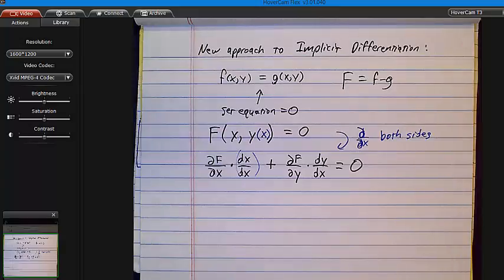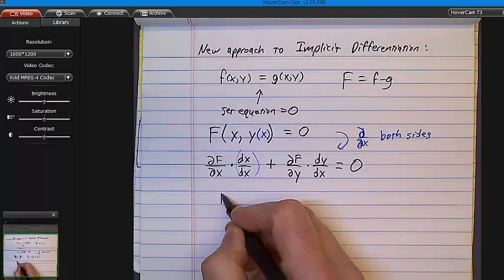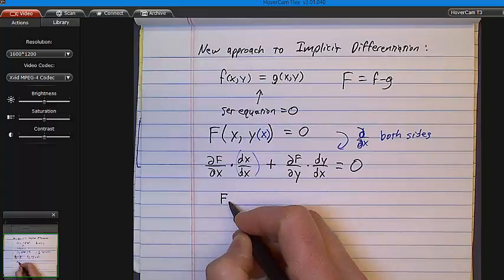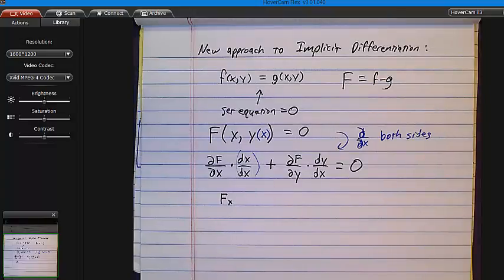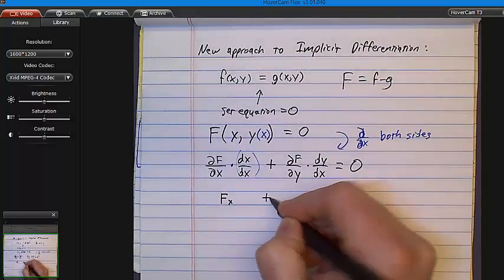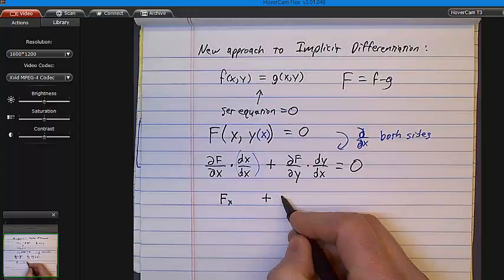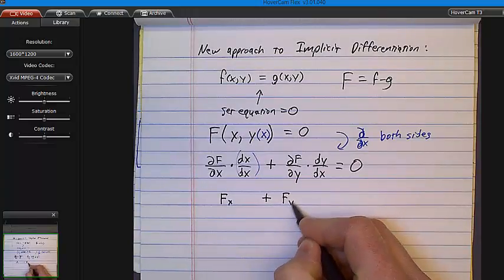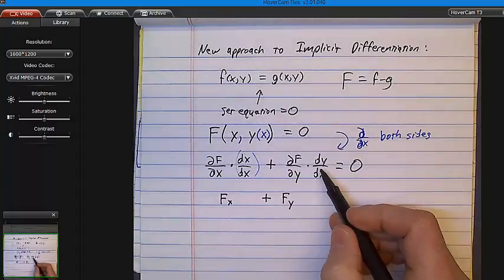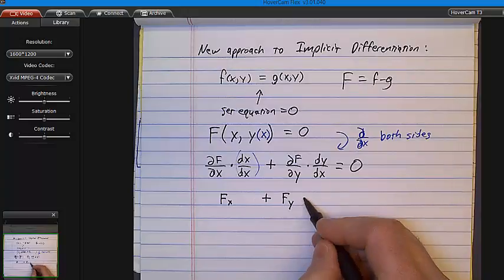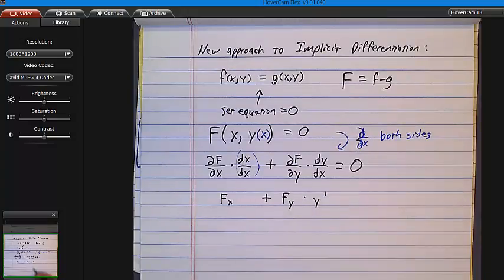And now it's convenient to switch back to Newton's notation. We kind of use the different notations where and when they're convenient. So this is f_x times 1, right? This is f_y, and this, in Newton notation, is y prime, right?